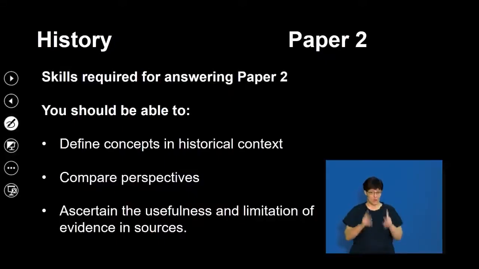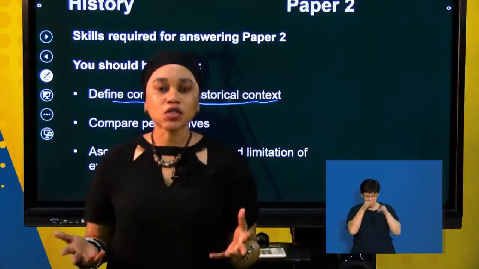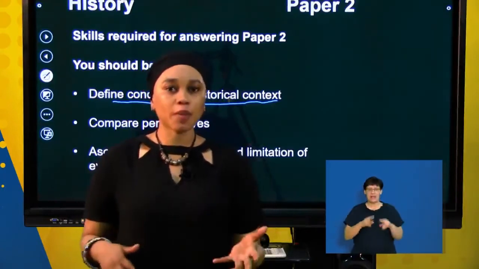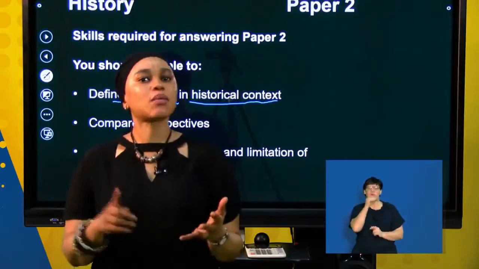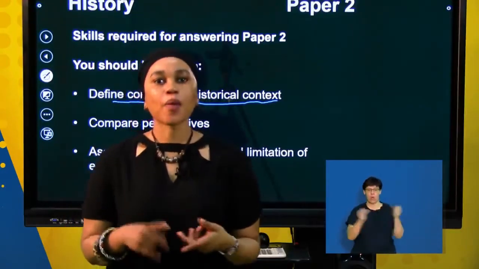Okay, another very important thing you need to do is to be able to define the concepts in historical context. That is very, very important. Now, as you know, in history, we have different concepts that go with the different topics that you will have studied. And by concepts, I mean things like democracy, nationalism, the Cold War, apartheid.